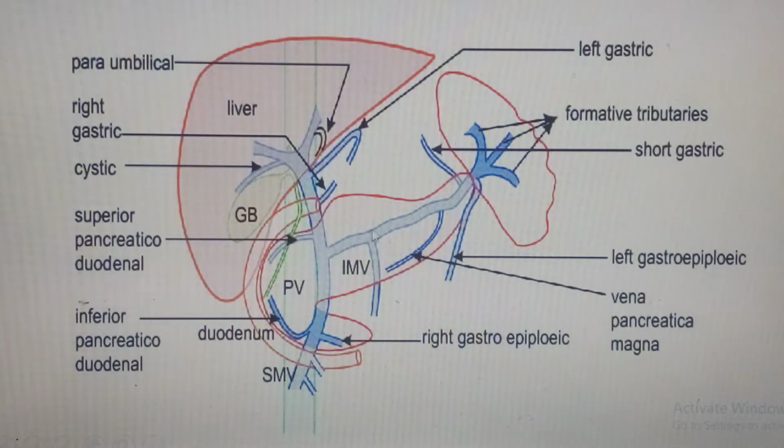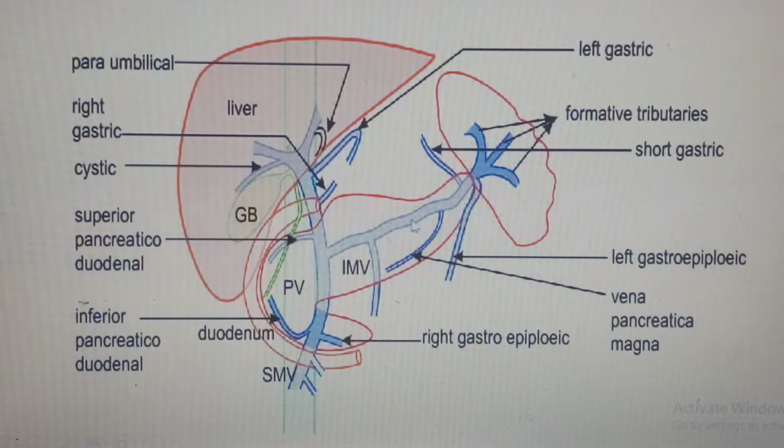But what we see is that the splenic vein, which is this one, if we talk about the portal vein, is actually formed by the confluence of the superior mesenteric vein and the splenic vein. Draining from an inferior level, the inferior mesenteric vein drains into the splenic vein.